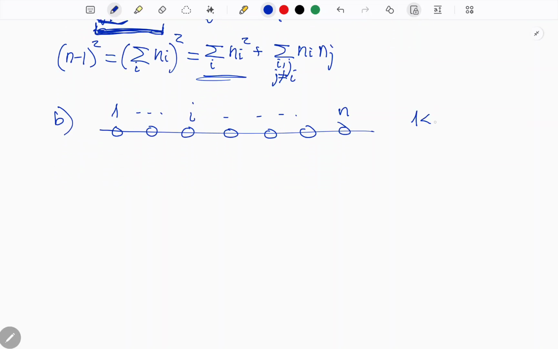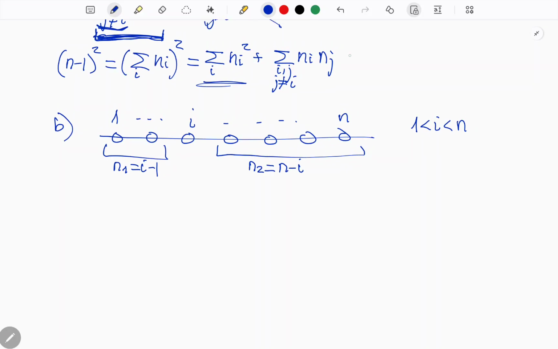And remember that i is not going to be in the bounds of this line because it doesn't make sense, okay? Because then the betweenness centrality would be 0. So in this case, here I have n1 equal to i minus 1 nodes, and here I have a total number of n2 equal to n minus i nodes.